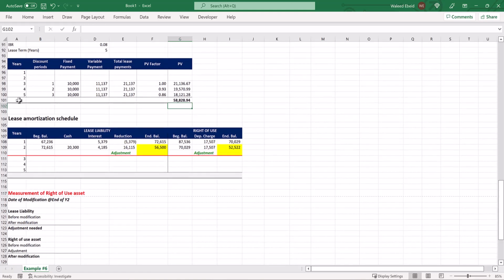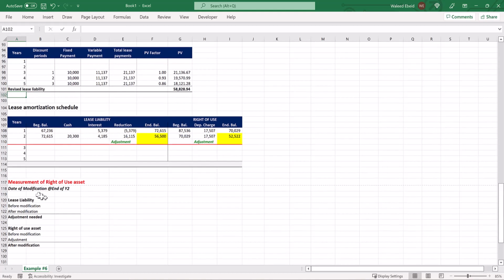By how much should we adjust the balances of the lease liability and the right of use asset at the end of the second year? The balance of the lease liability was 56,500. The revised balance is 58,830.